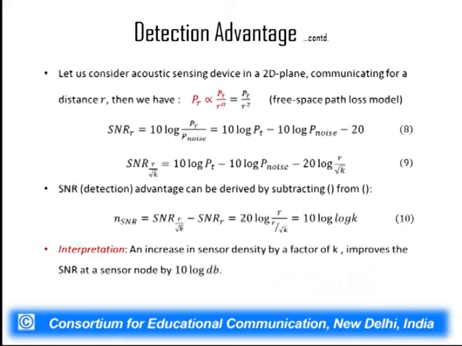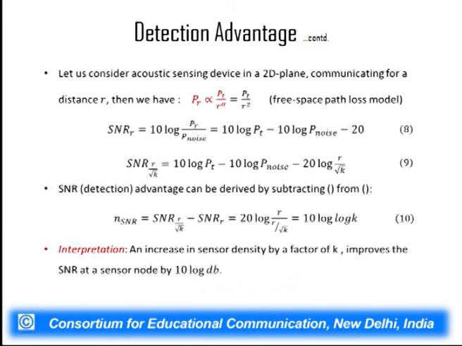Now to find out the SNR advantage, we subtract equation 9 minus 8, and we find that it is 10 log k. The interpretation behind this is that log k is written as 10 log of k, because it will come into decibels, but the factor that we are interested in over here is k.